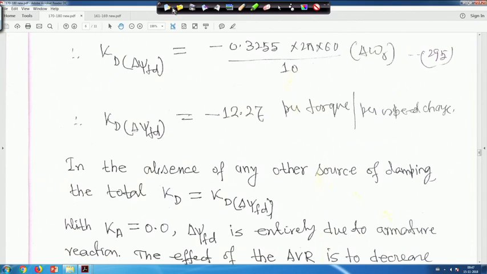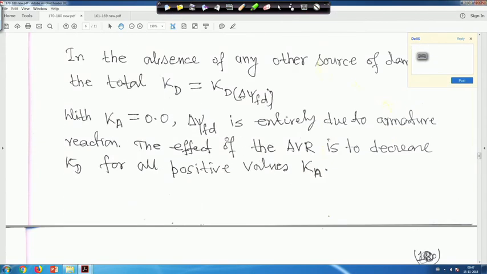Now, let us make some analysis. When K is equal to 0, delta psi FD is entirely due to armature reaction. This we have seen earlier. The effect of the AVR is to decrease Kd for all positive values of K, right. So, any positive value of K actually decreases Kd, the damping coefficient.